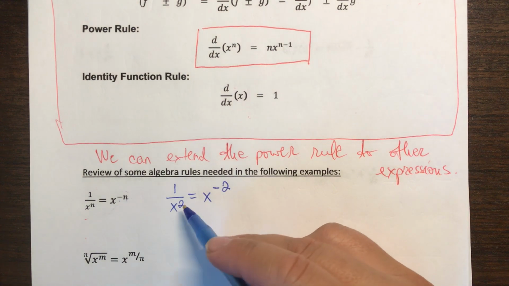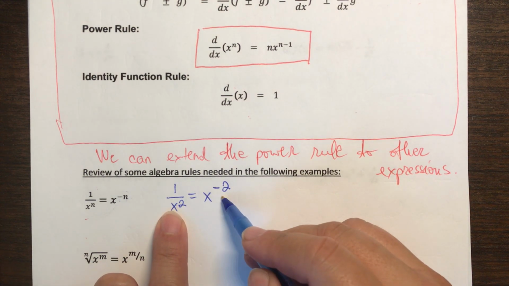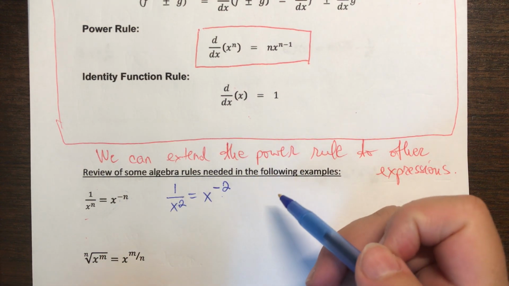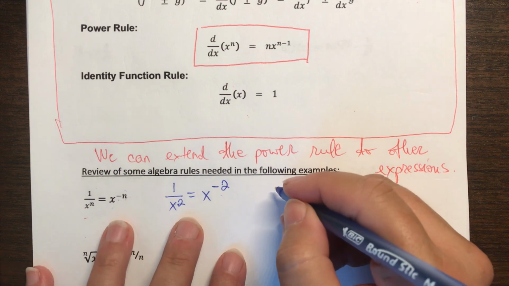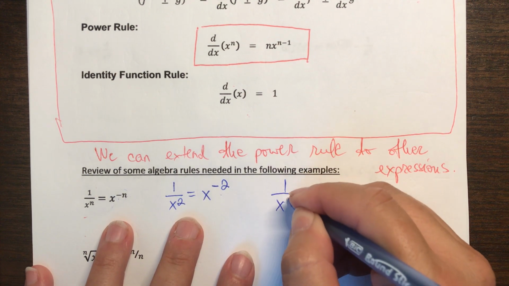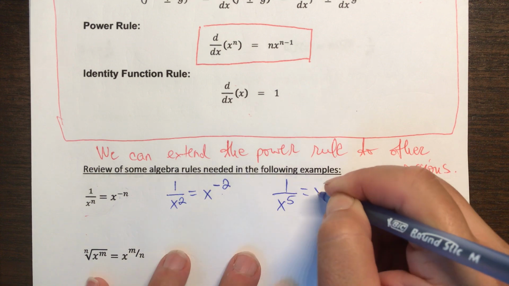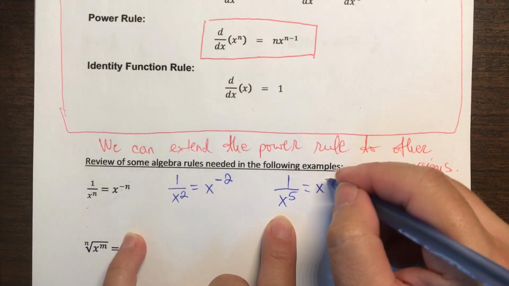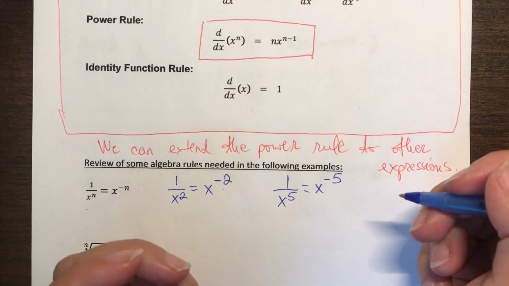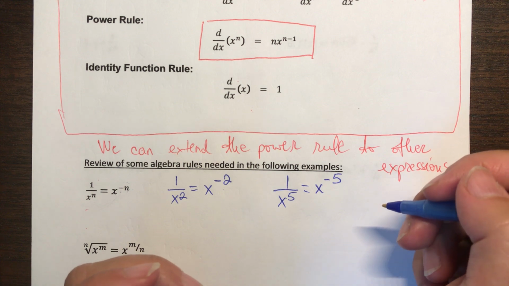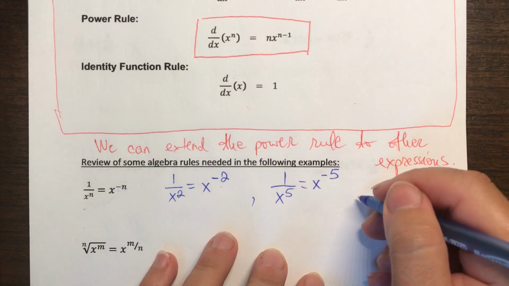Of course, if you have a minus here, then it turns into a plus up here. So it's the opposite, yes? So what is, for example, 1 over x to the 5th? That's the same thing as an x to the what? Negative 5. We're going to extend this and make it a little bit more fancy in just a bit.